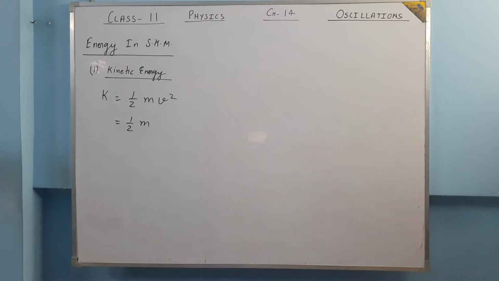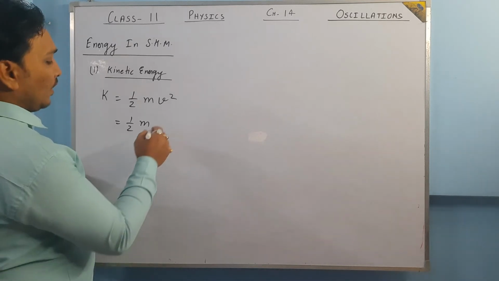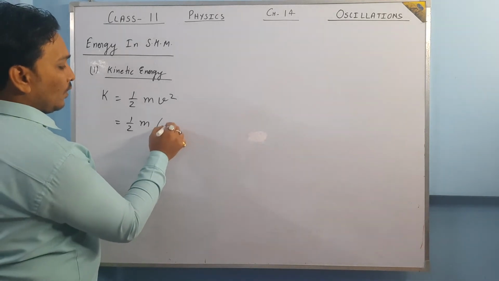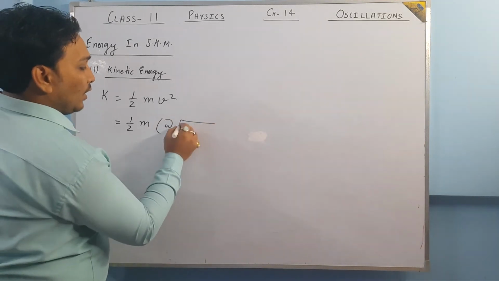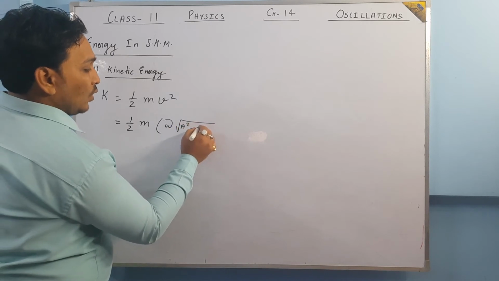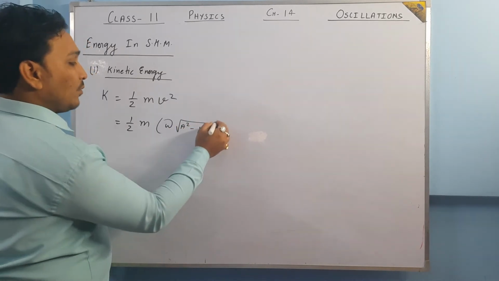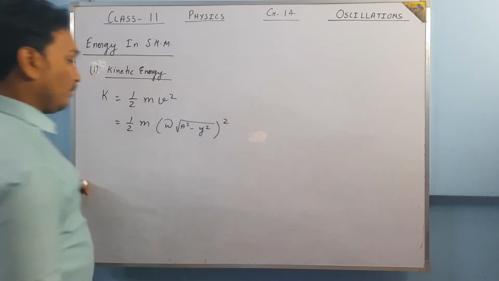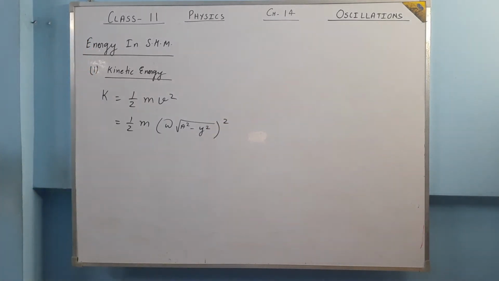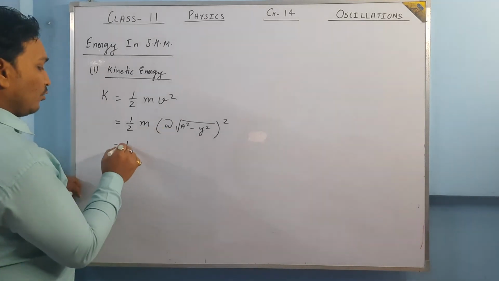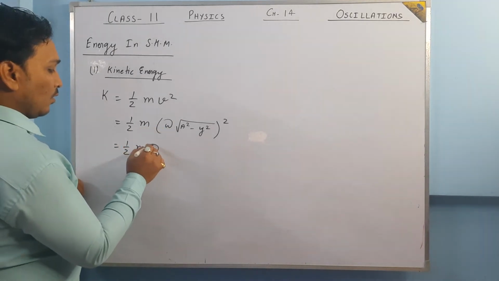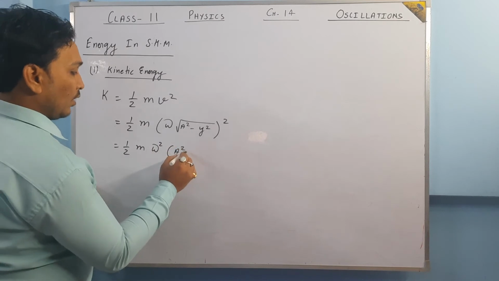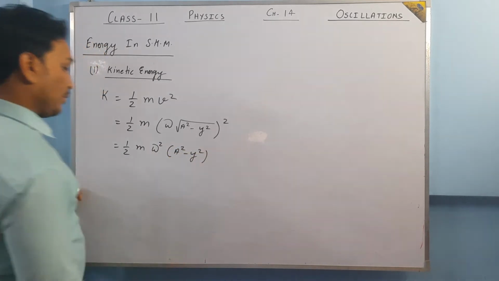If you remember correctly, it was equal to omega under root a square minus y square, where y is the displacement obviously, whole square. So if I square them, I am going to have half m omega square into a square minus y square.